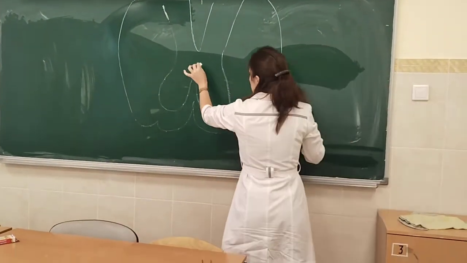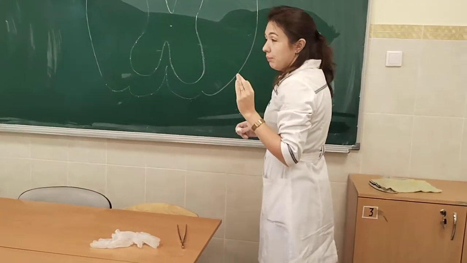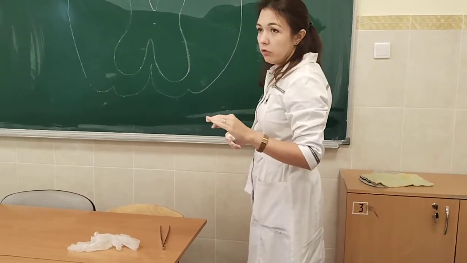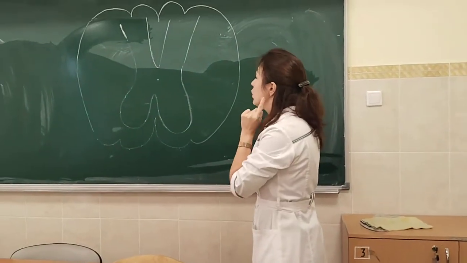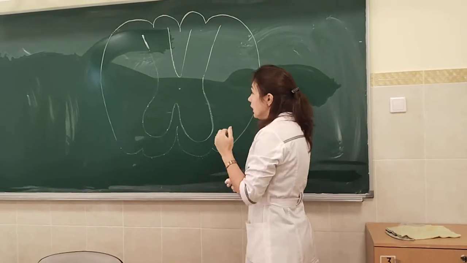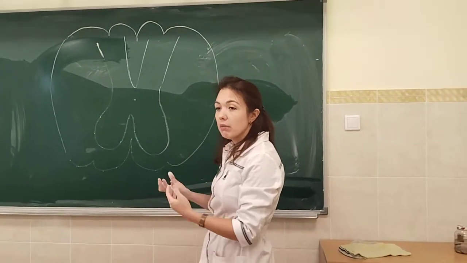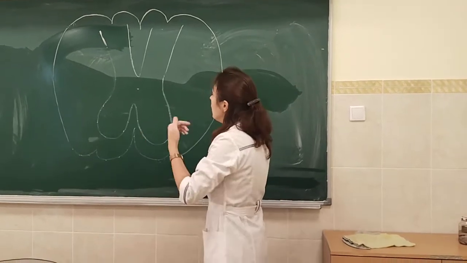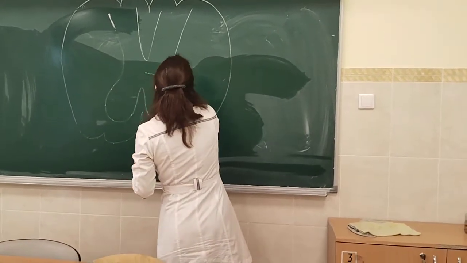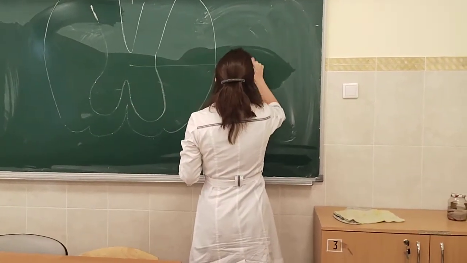Okay. So we have said that in humans, the nervous system has a tubular type. That's why later we'll study that in each part of the brain there are special cavities which are named ventricles, yes? And here in the spinal cord, in the very center, there is the central canal.